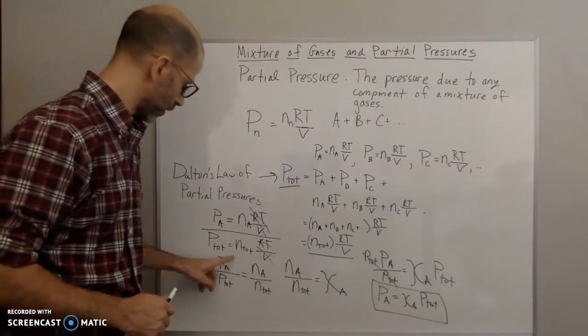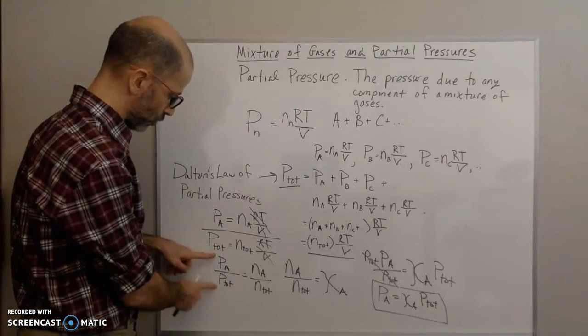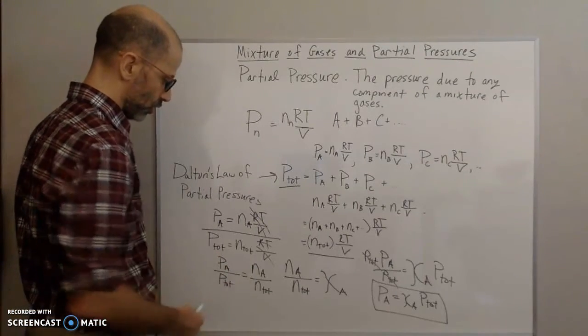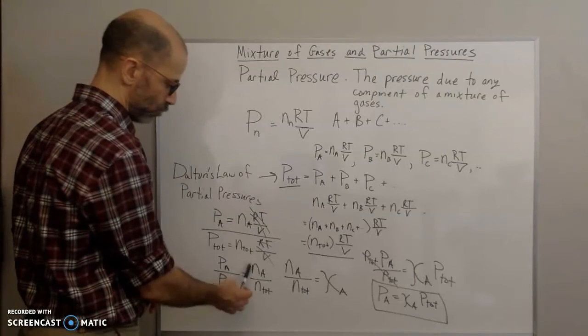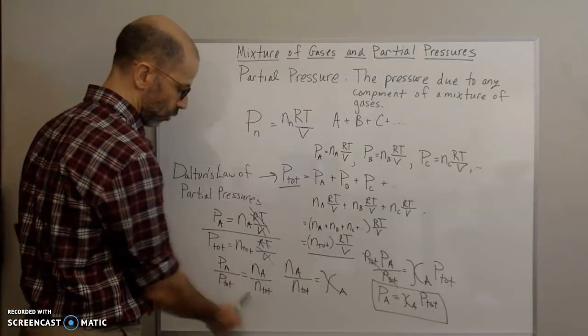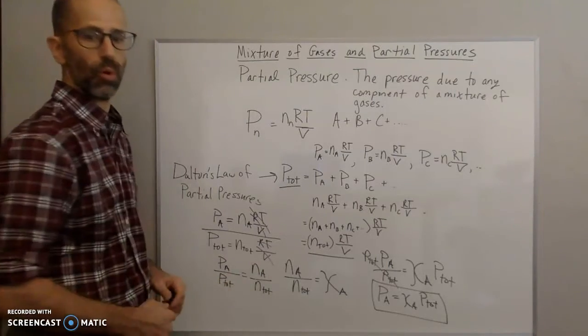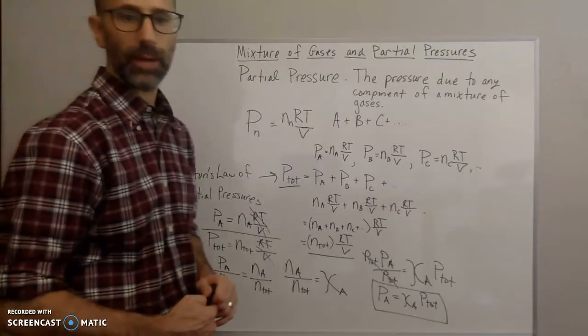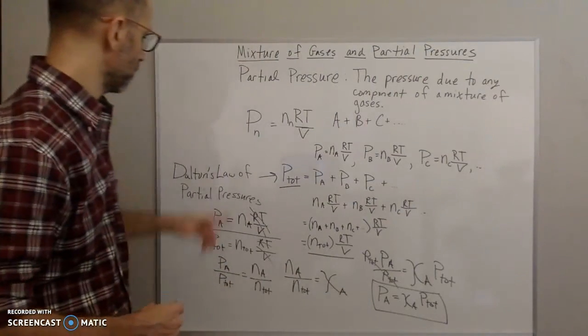And also keep in mind that partial pressure of A over total pressure is equal to the mole fraction. And this is what we mean by mole fraction. So if they give you moles of A and the total moles, or if you can calculate the total moles, then you can find the mole fraction. Okay? And so this is going to be useful.